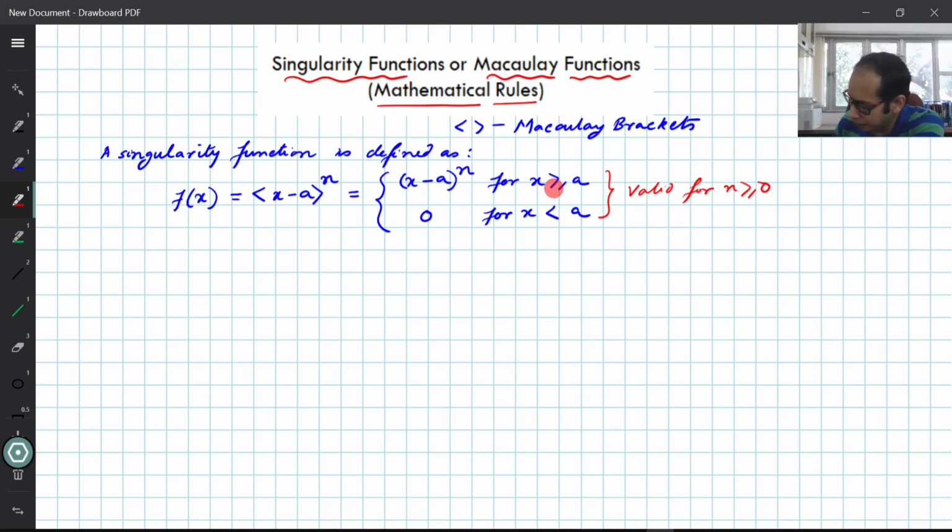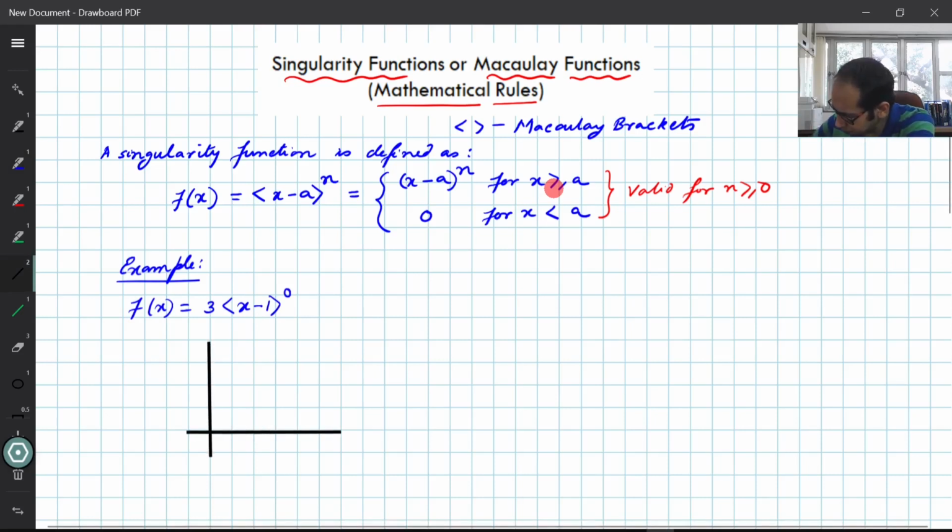For example, if I give you a singularity function like this, f of x is 3 times, within the Macaulay brackets, x minus 1 raised to 0. I have just drawn the axes, where my horizontal axis is x and my vertical axis is f of x.